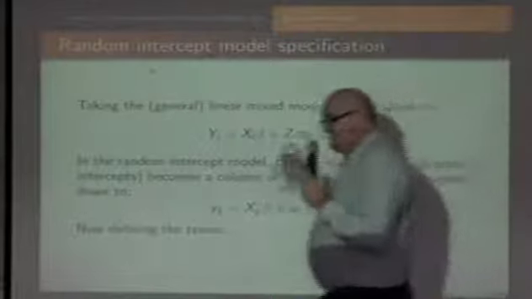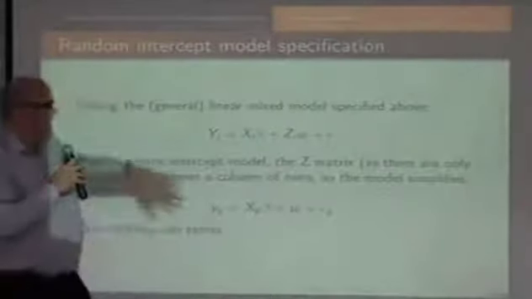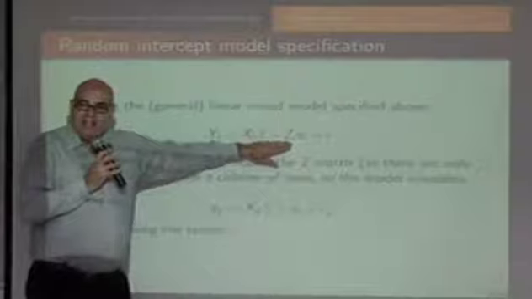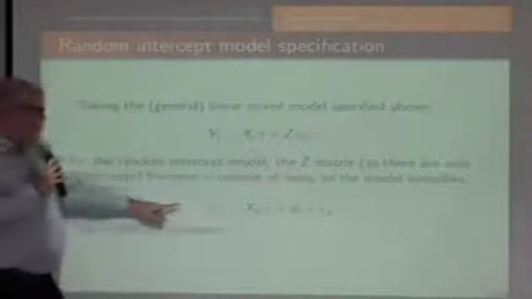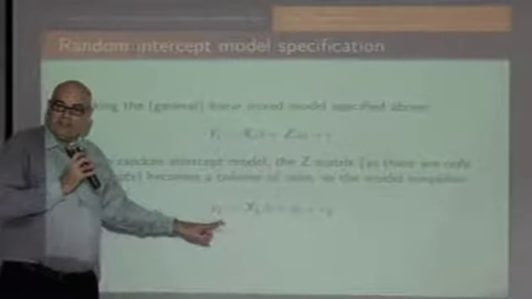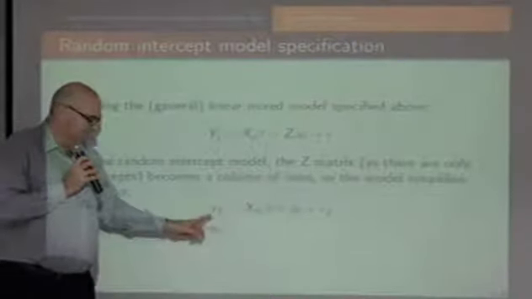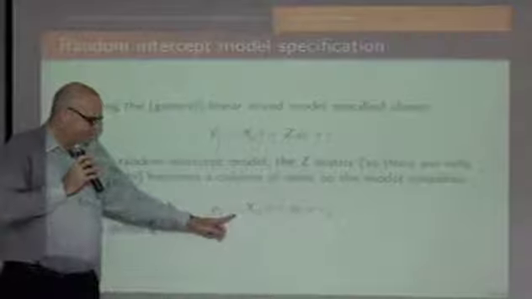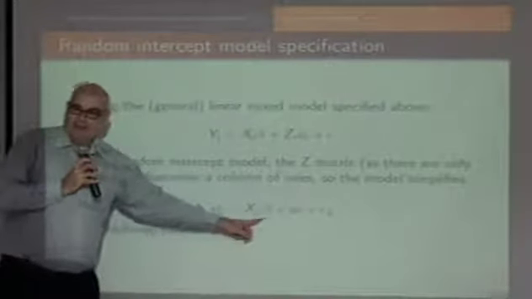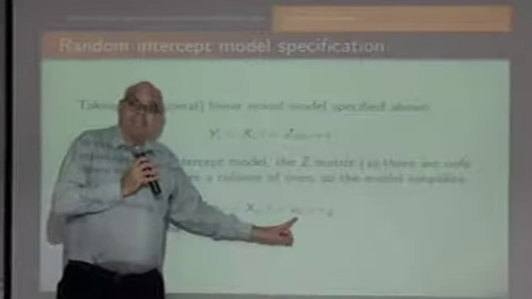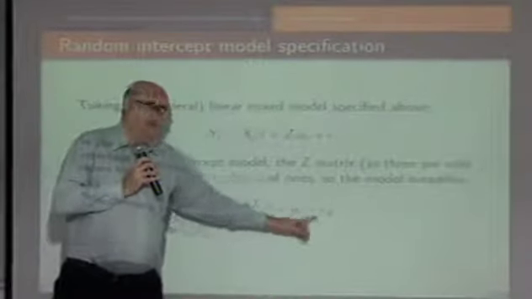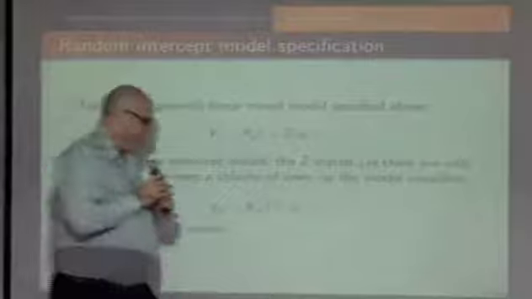So this is a nice simple model. The Z matrix is essentially a column of ones, so it disappears, and we get something that looks like this. Here's our random intercept model: Y equals the fixed effects plus some value that is subject specific plus the error term.